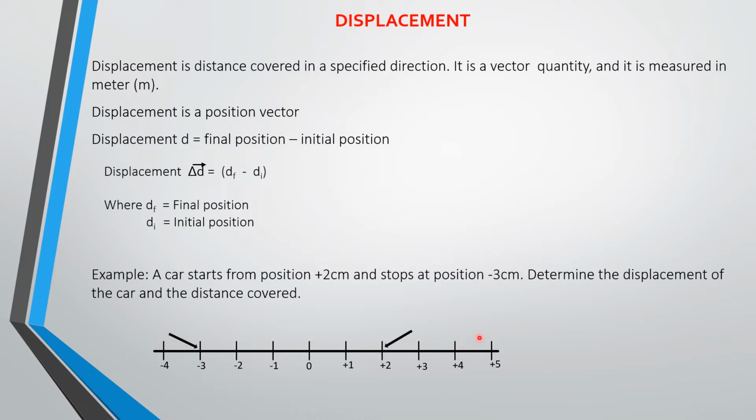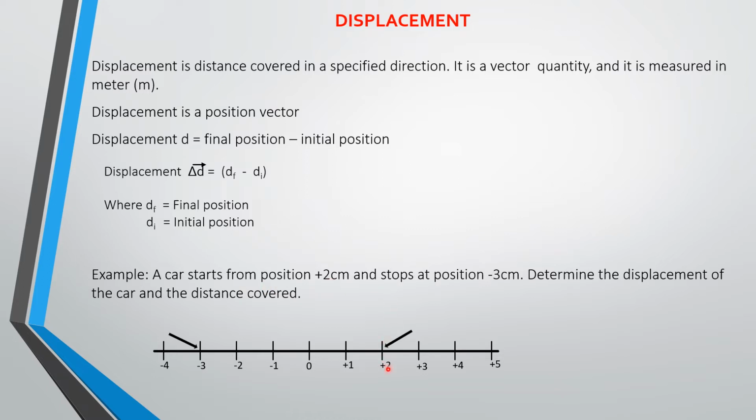Now, displacement is also like the shortest distance between 2 points. Distance is the total length between the 2 points. So in this particular example, say that a car starts from point plus 2 centimeters.